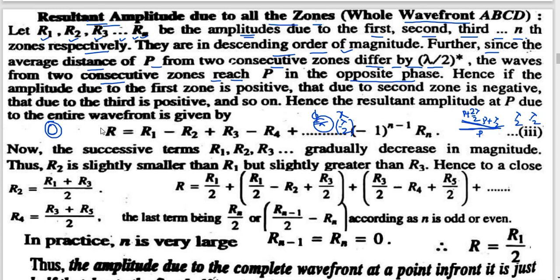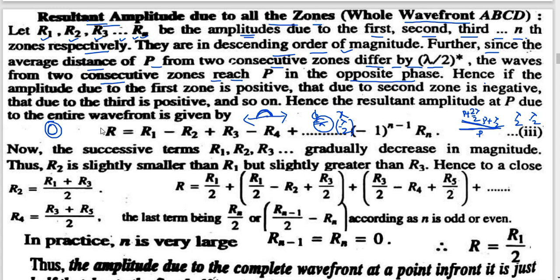Pi means 180 degrees, so they are opposite to each other, like one line towards the right and another towards the left. So the consecutive zones, which are nearby each other, are in opposite phase because they have a path difference of lambda by 2, and obviously a phase difference of pi.